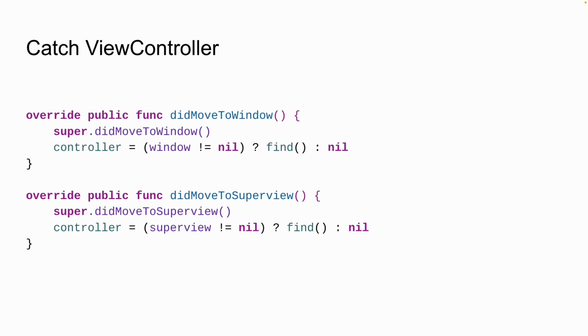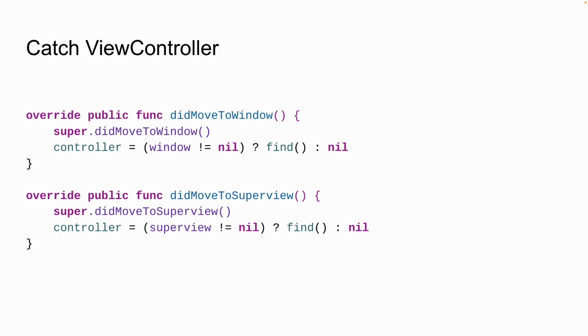These methods allow us to catch the moment when our view comes into the actual view hierarchy. And in these methods, we could try to actually find the ViewController that owns this view. So here we just try to find it if we have some window or superview.